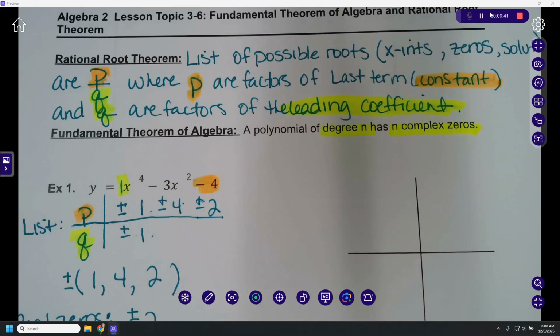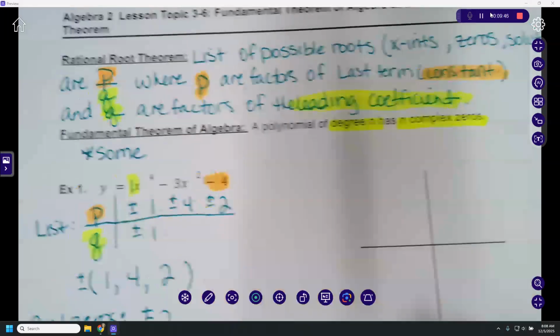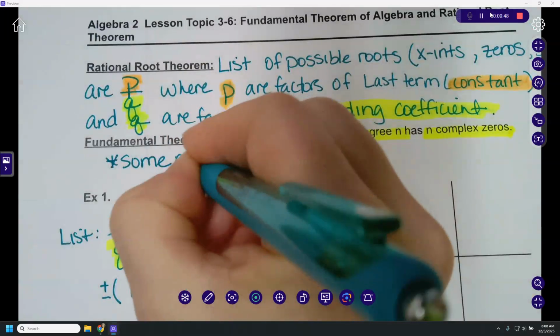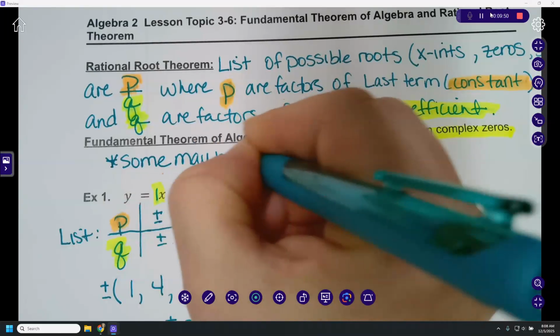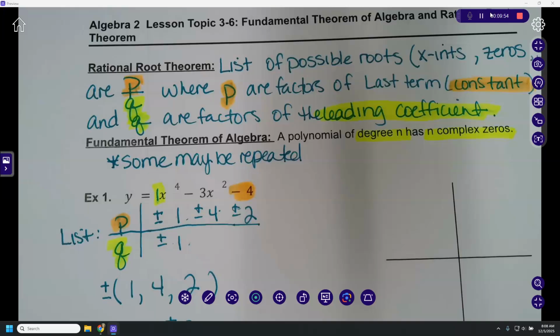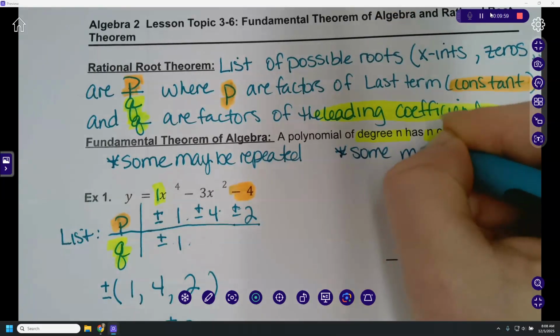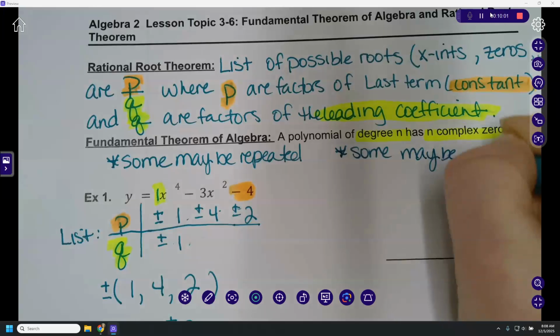And I'm going to add something to that. Some may be repeated and some may be non-real.